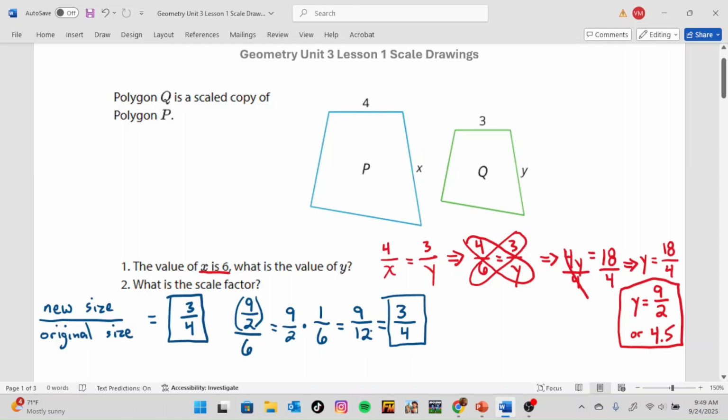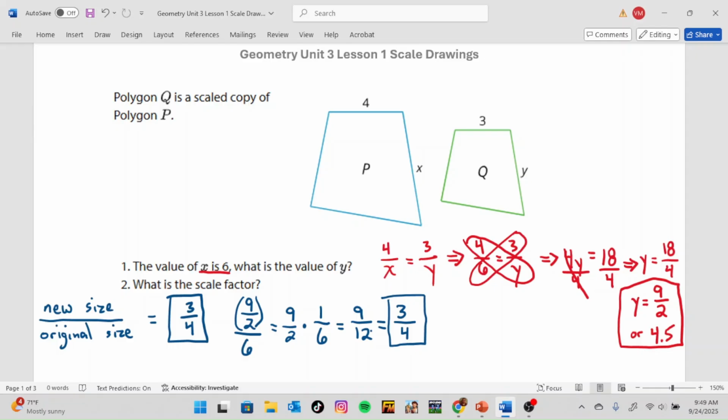That's what we multiply by to get the image or the new size. So 4 times 3/4 gave us 3, and 6 times 3/4 gave us 9 halves, or 4.5.